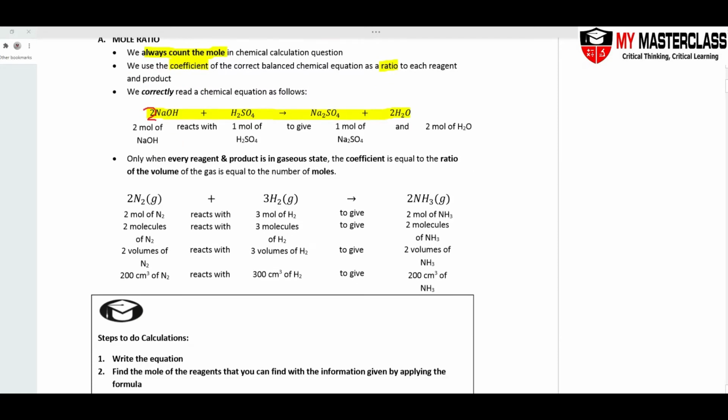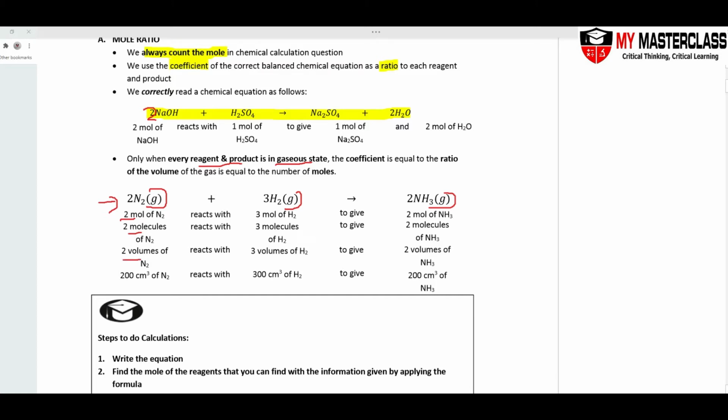Okay, and if every reagent and product is in gas state, then we use the coefficient and just compare it as a ratio. Looking at this example on ammonia formation, I have nitrogen, which is gas, hydrogen, which is gas, and ammonia also gas. So what does this 2 is to 3 is to 2 represent? It means 2 moles, also 2 molecules, but molecules are too small.